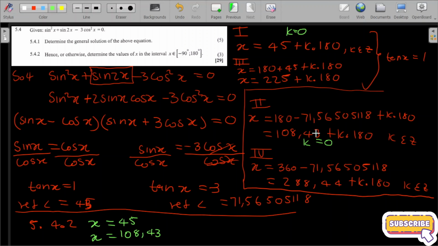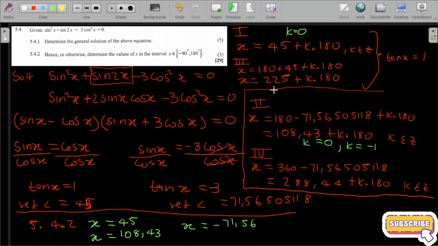And also on this same part here, if I put k equals negative 1, the value of x that I get there is negative 71.56, which also goes with the restriction that I have.